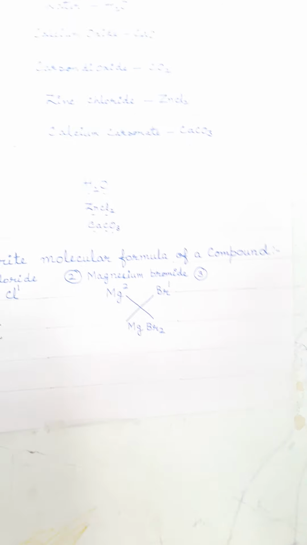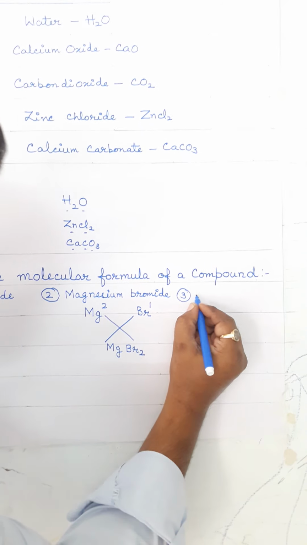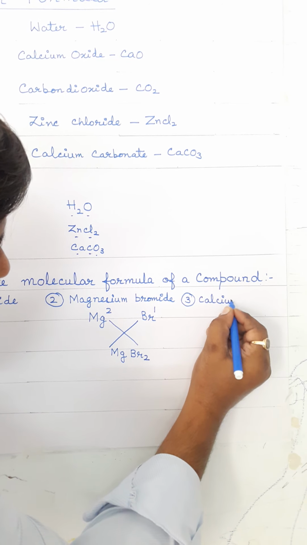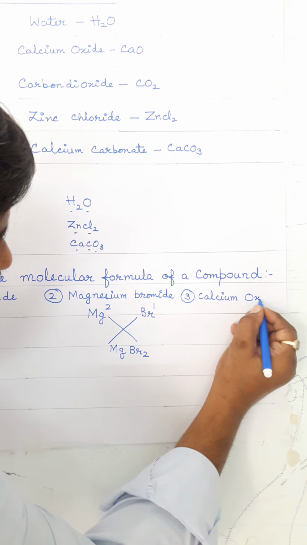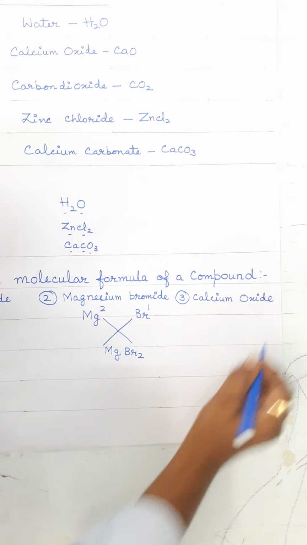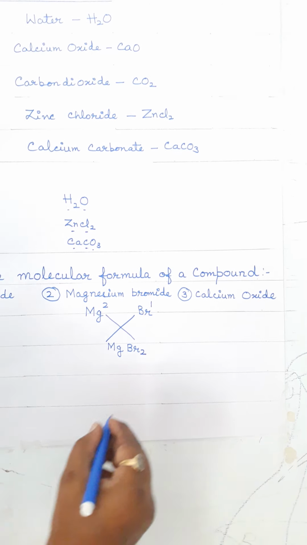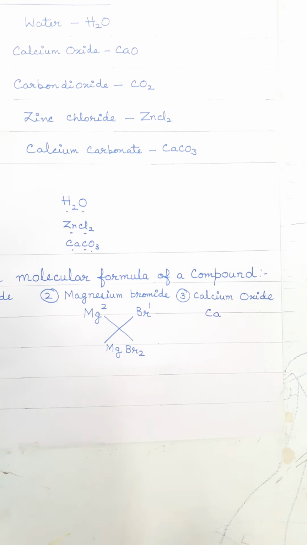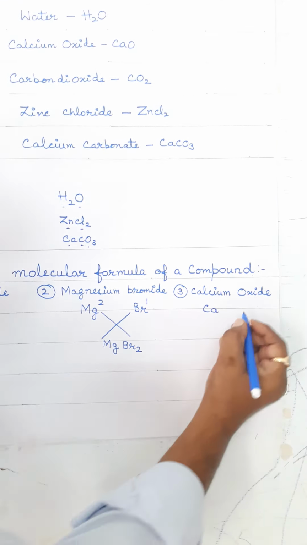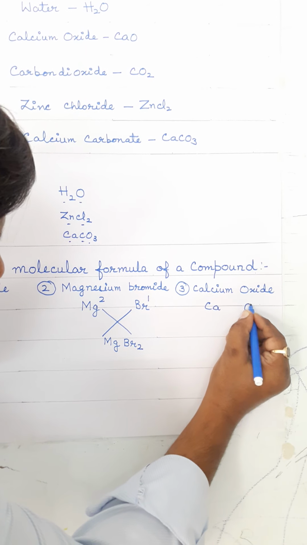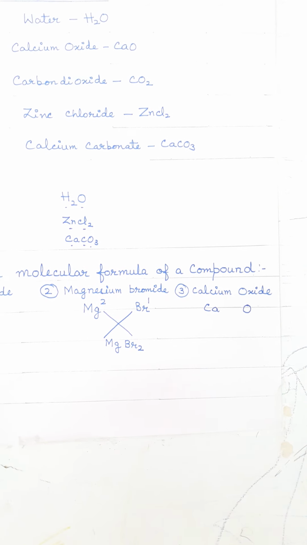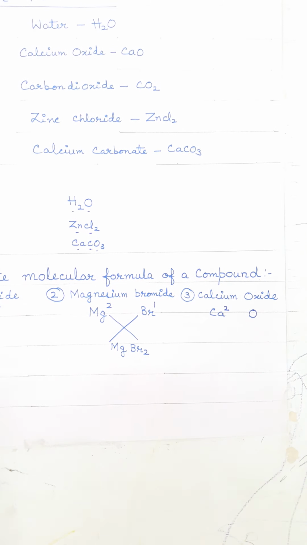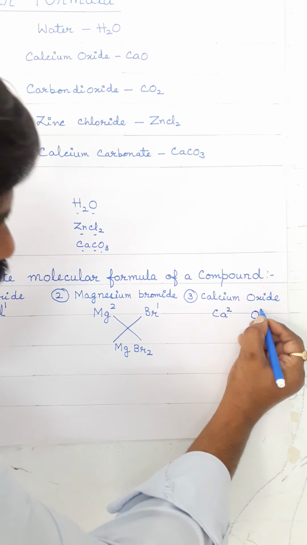Another example is of calcium oxide. Now calcium oxide is also made up of two elements, calcium and oxygen. Now the symbol of calcium is Ca, symbol of oxygen is O. Now the valency of calcium is 2 and the valency of oxygen is again 2.